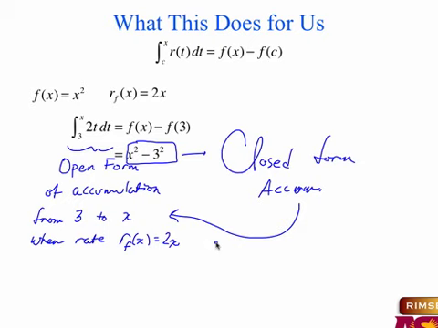So this is the open form accumulation for this rate. When do we know it in closed form? Well, when we know the accumulation function from which we got that rate. So if we know the accumulation function that gave us that rate, then we can have a closed form for the accumulation function for that rate.